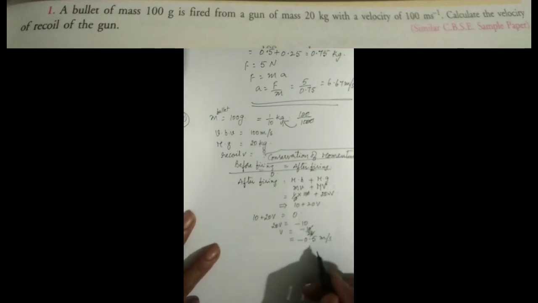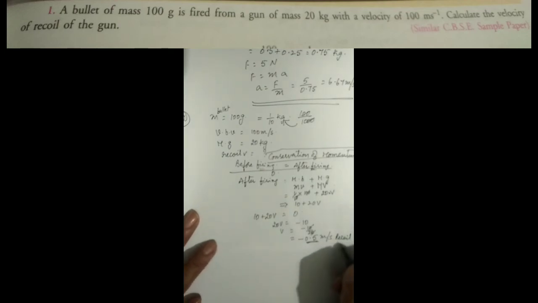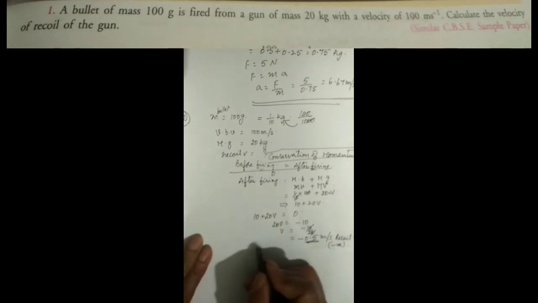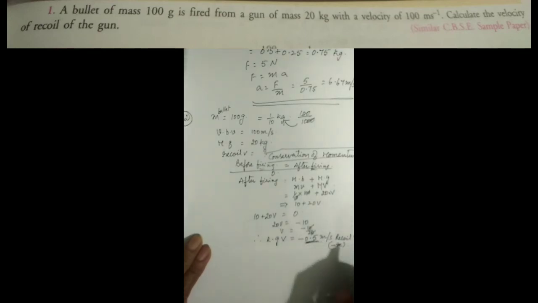Because this is recoil velocity, it will be in negative. Therefore recoil velocity of the gun is 0.5 meters per second.